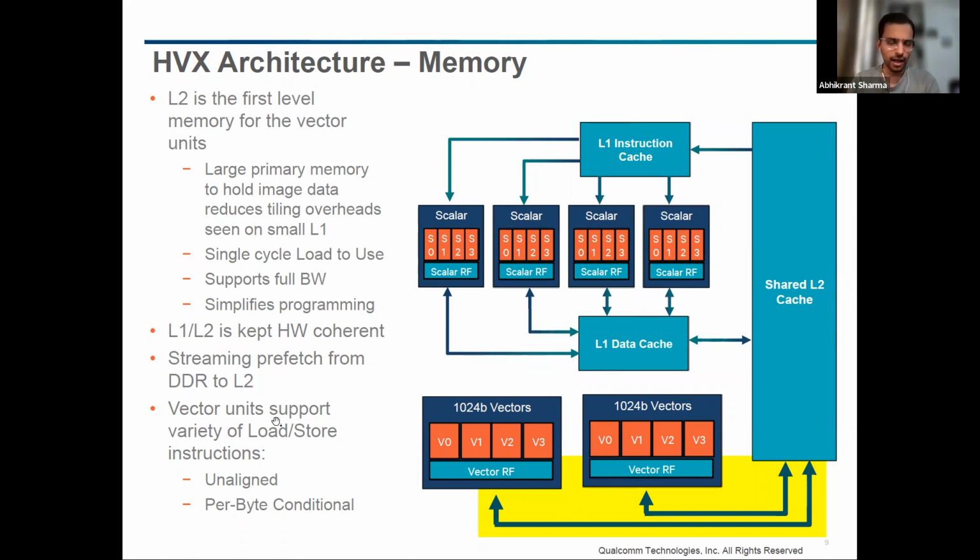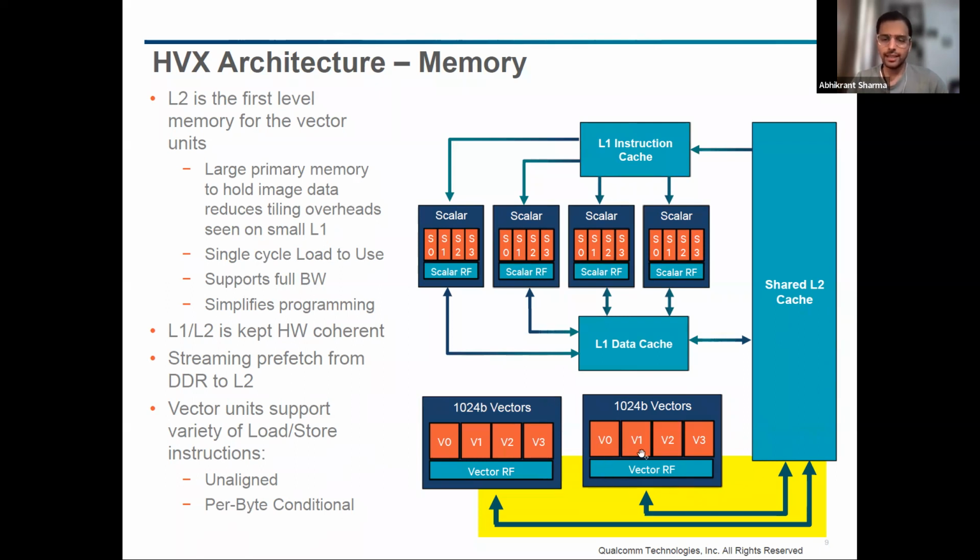One more interesting thing that the architecture supports, or the instruction sets help with for an end user, is that they allow unaligned loads, and they also allow per byte conditional loads. What that basically means is, let's say you want to fetch a memory address that is not aligned to, let's say, a 128 byte address, and you want to fetch that data from the RAM into the L2 cache, and then eventually into the vector registers to do some kind of processing.